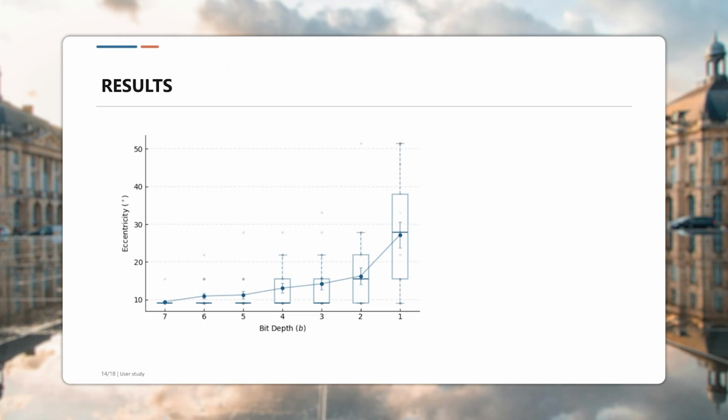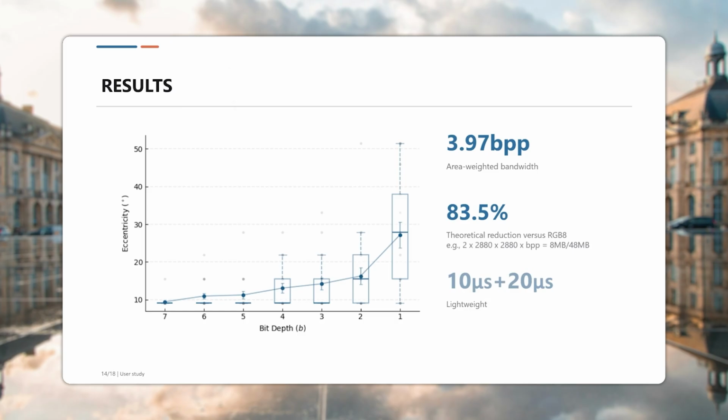We calculate the potential data bandwidth saving with an area-weighted measurement. Assuming the gaze at the center, the mean threshold gives an average bandwidth of about 4 bits per pixel, compared to the standard 24 bits per pixel color representation in RGB. It saves more than 80% of data.